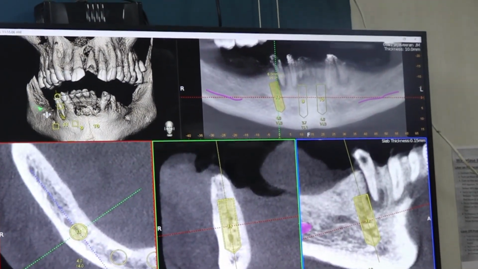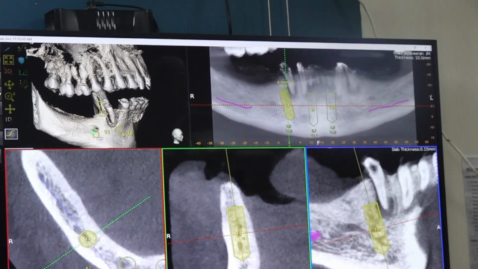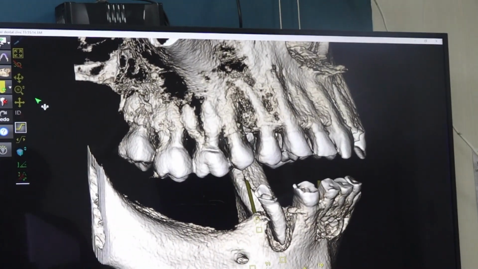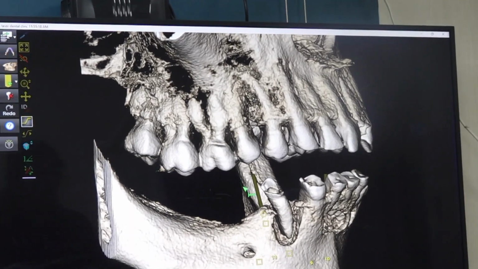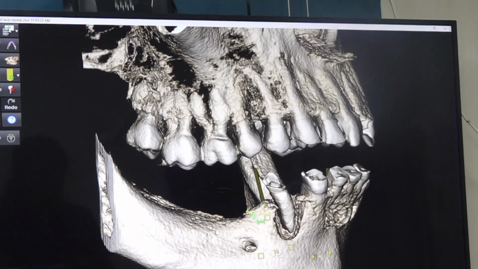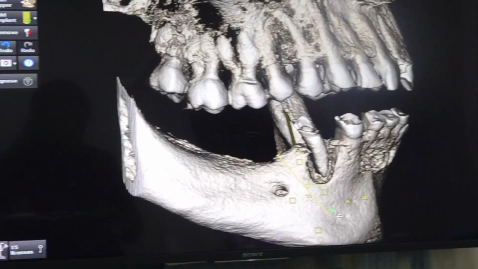So clinically what we have to do is drill just anterior to the mental foramen. The tentative rule is we start the drilling from here, right, from above the mental foramen, and tilt it anteriorly.